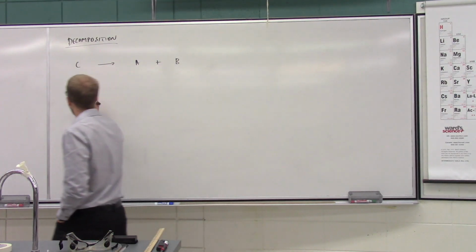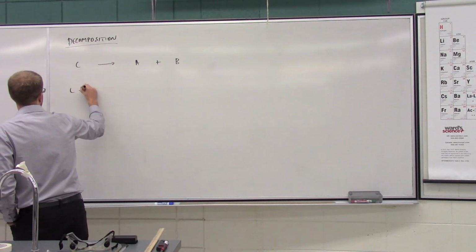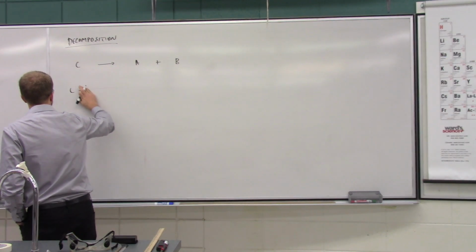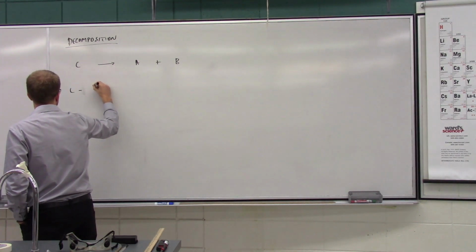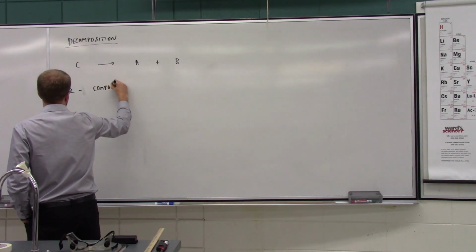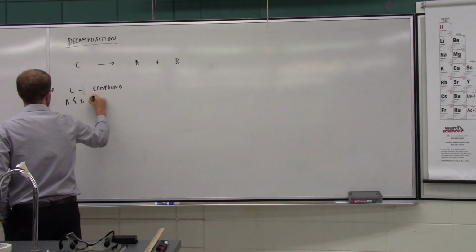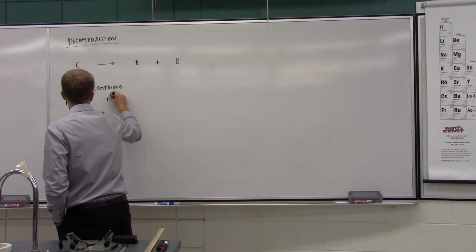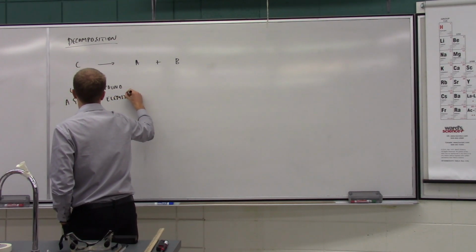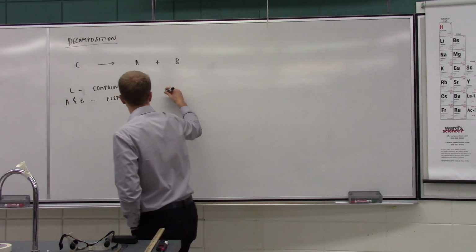Now C here obviously represents a compound. So C here will be a compound, whereas A and B can be either an element or a compound.